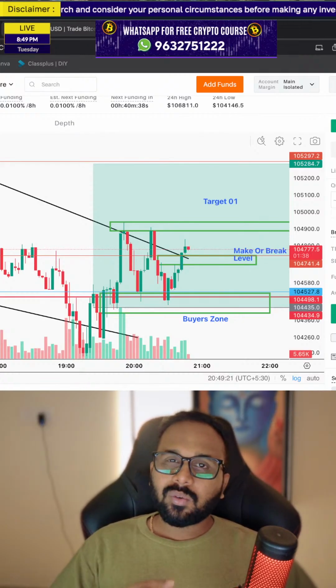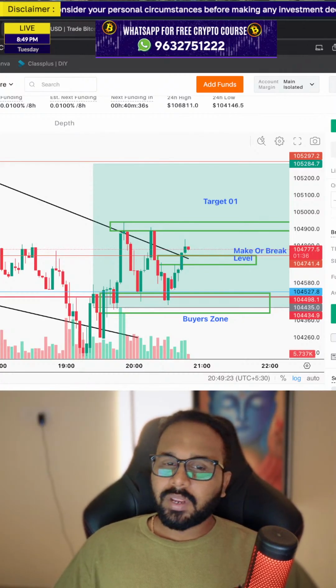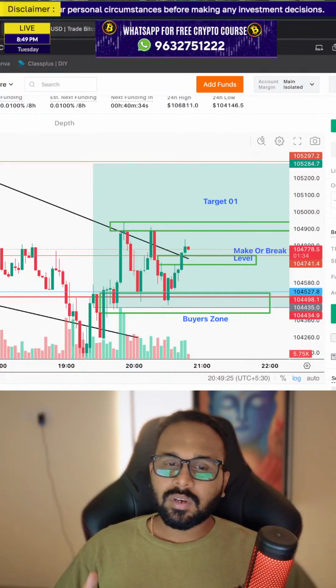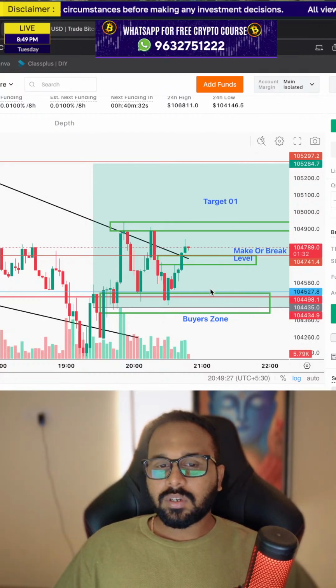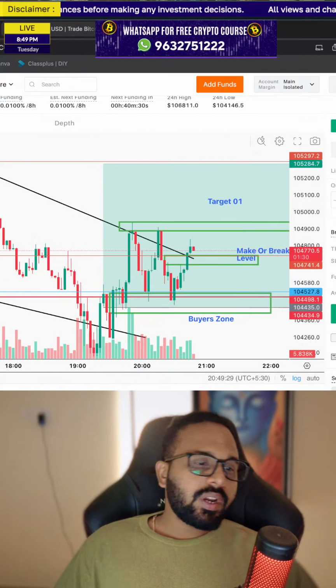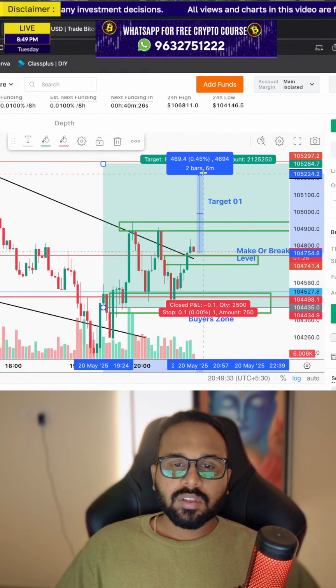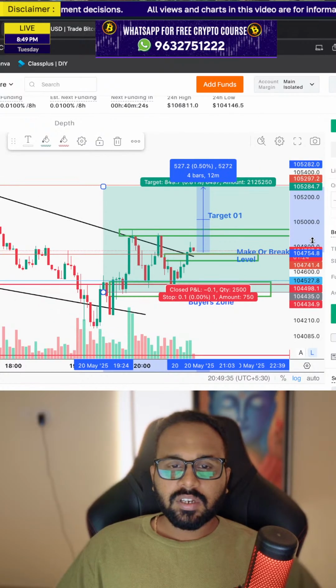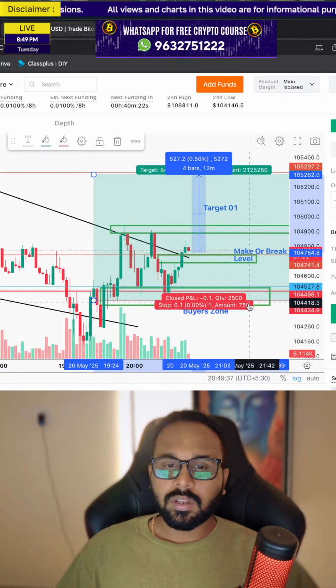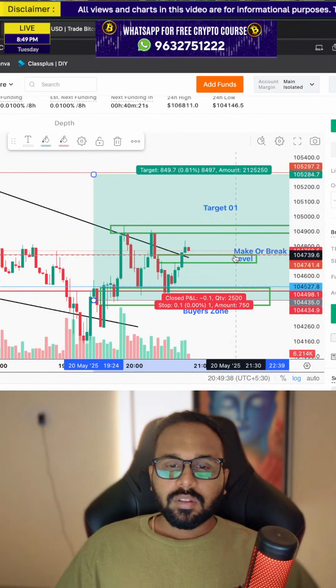Whatever happens, net to net around 8,000 rupees we will make today. It's kind of less only. I was expecting around 16 to 20,000 rupees. But the problem was we just got stuck in this first trade. This additional 500 points move, when will it come? That's why I've kept the stop loss here.